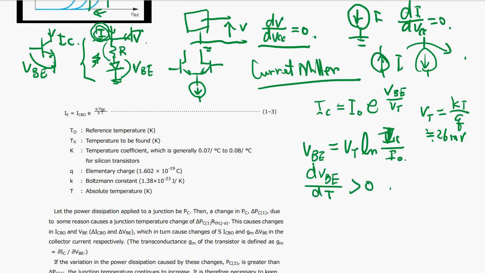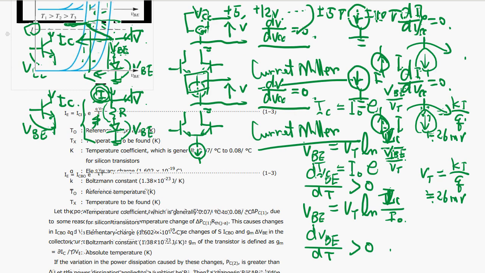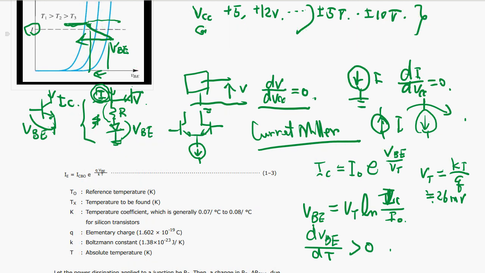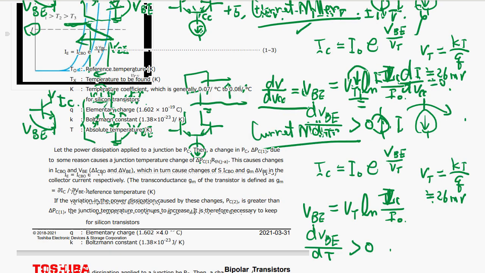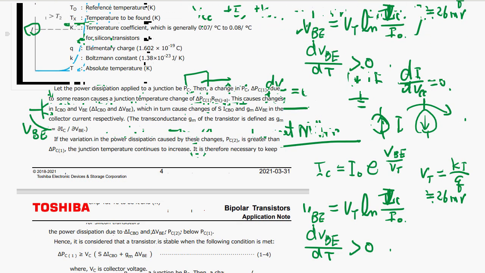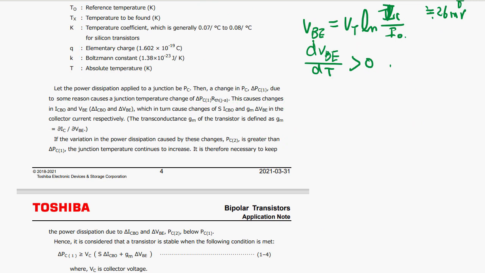That's strange. We just saw that VBE decreases as temperature goes up. It's negative. A lot of people are confused about this, and here is a very good article from Toshiba about this problem: why this equation shows positive, but VBE has a negative temperature coefficient.